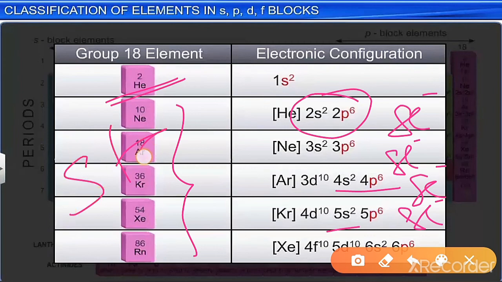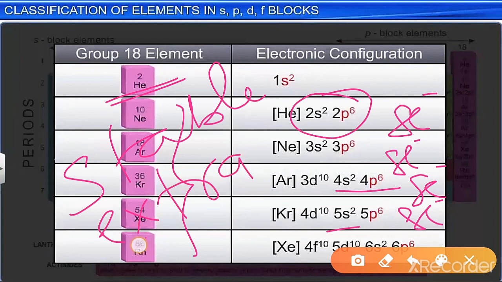So they are stable, I can say extra stable due to the fully filled outermost shell electronic configuration. Hence, group 18 has helium even though it does not have any electron in a p subshell. As helium does not contain any p subshell, even then it is placed in group 18 because of its similarity in properties with the remaining noble gas elements.